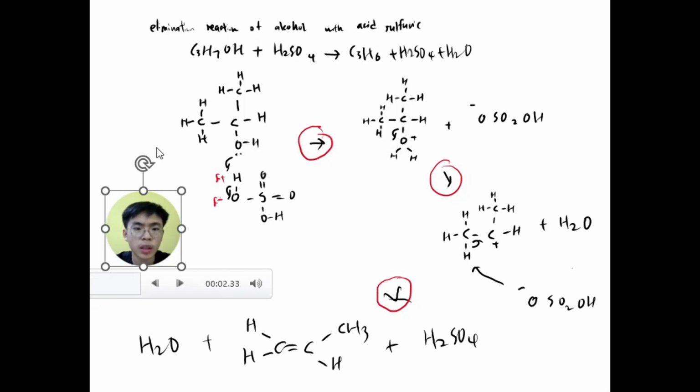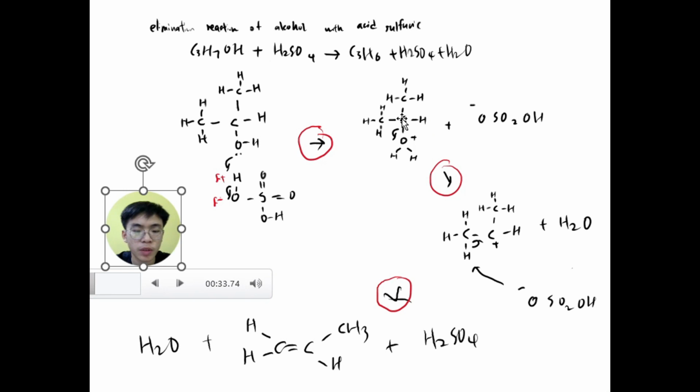And my second question is the mechanism of elimination reaction of alcohol with H2SO4, which shows propanol plus sulfuric acid and will come out with propene plus water and also sulfuric acid. First, the lone pair on the OH group of propanol will attract the delta positive hydrogen in sulfuric acid, and the oxygen-hydrogen bond will break and both electrons stay with oxygen, hence oxygen is bonded to two hydrogens and becomes positively charged.